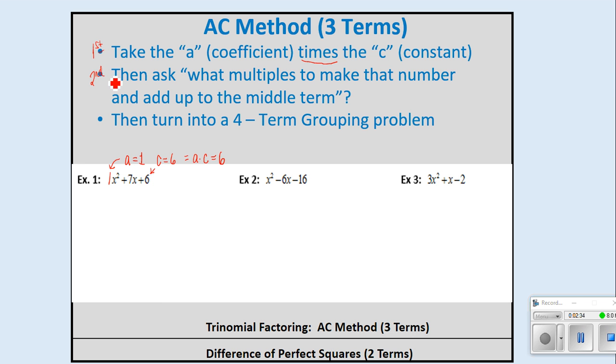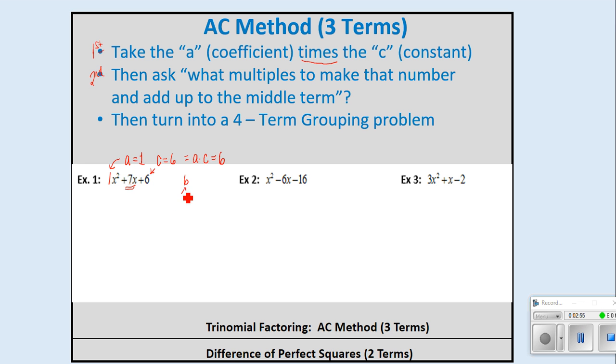Second step says ask yourself what multiplies to make the number 6 and adds up to be the middle term. So this is where we are going to find factors of 6 that multiply to make 6 but add to make 7.